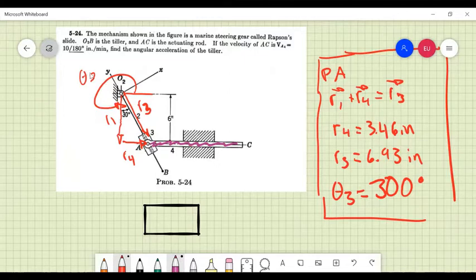It means it's acting this way. Zero degrees is that one, right? And it says 180 degrees.